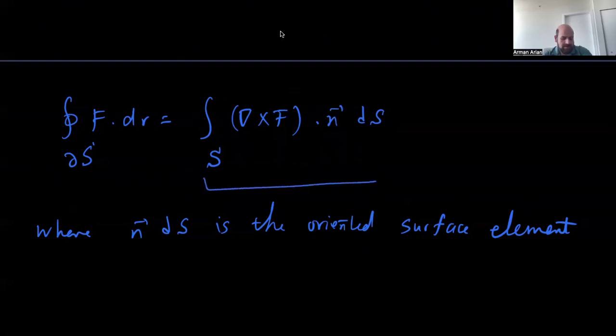And this quantity here that you can see is basically the flux.